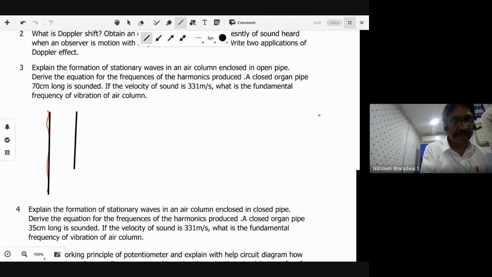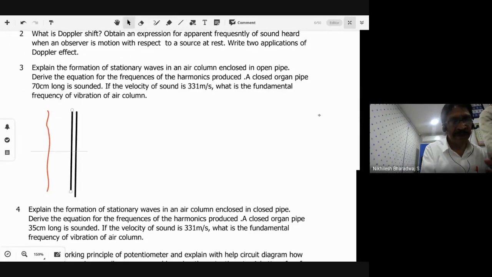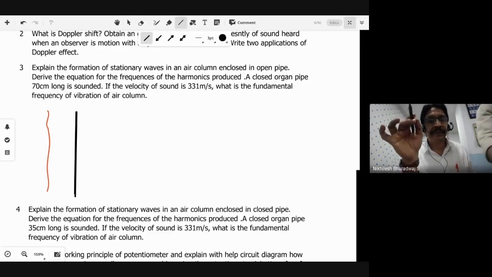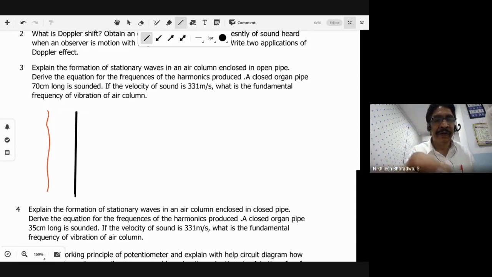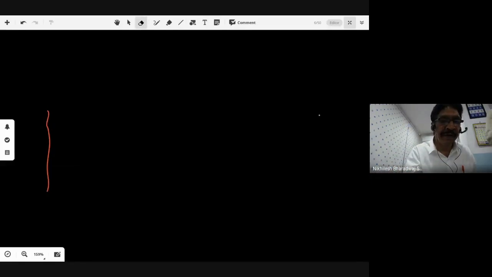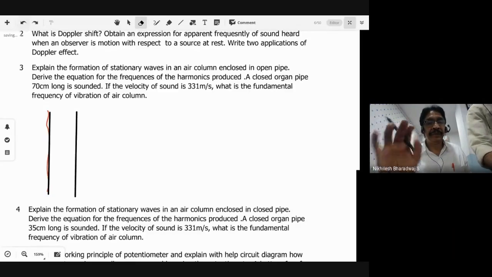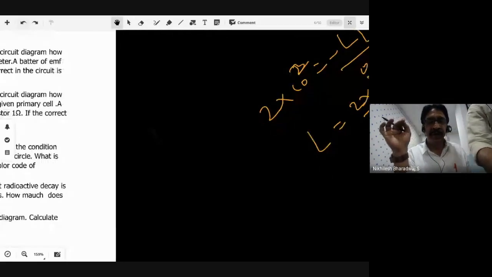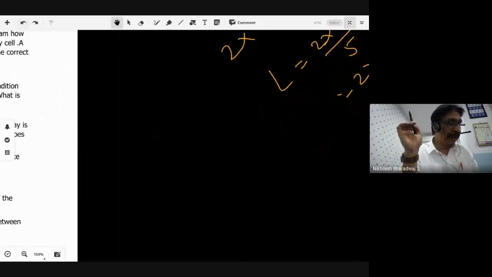It takes time to do. Leave it. They will do it. Okay, we'll go to the problem. Derivation, hope that you can do it. Coming back to the problem.